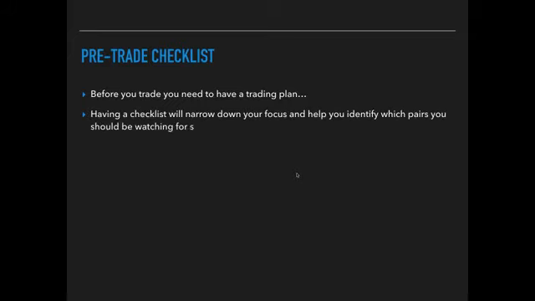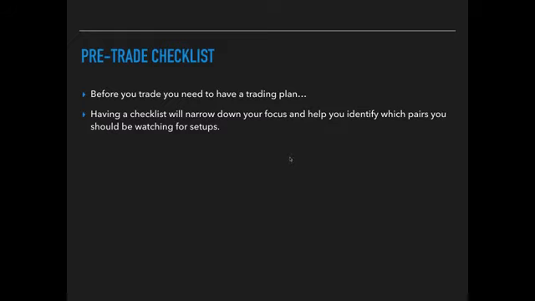Okay, having a checklist is going to narrow down your focus and help you identify which pairs you should be watching for setups, because not all of the pairs that you're watching are going to be immediately setting up for something. Okay, but if you have a checklist and you're marking down what's what, maybe you have an idea of, okay, this pair is going to set up first, so I'm just going to watch this pair for now, and then the other ones I'm just going to keep on the back burner until those are starting to set up.